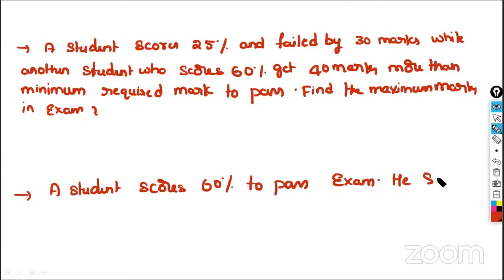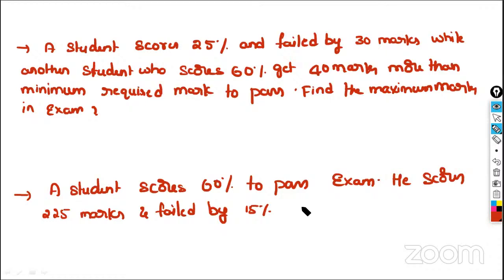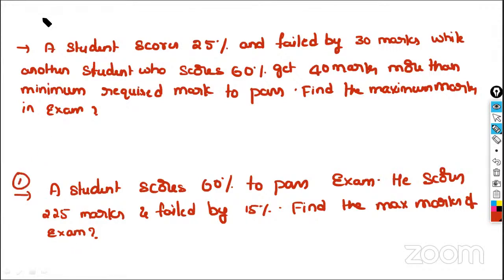He scores 225 marks and failed by 15%. Find the maximum marks of the exam. So try this one first. After that, the second one. Try to answer it and I will explain.